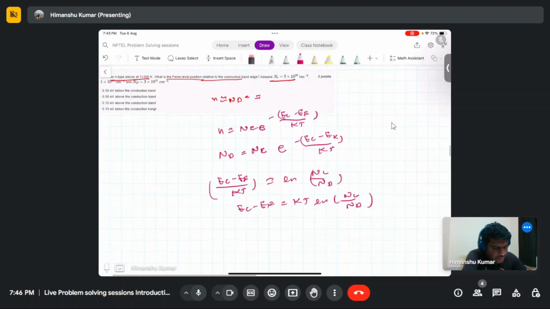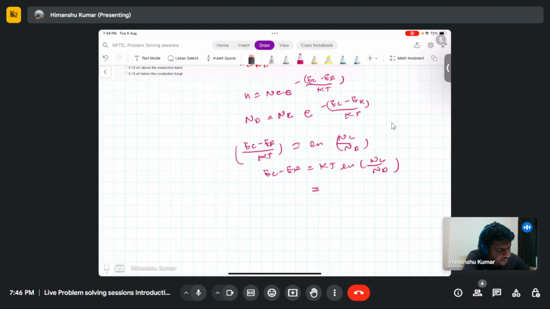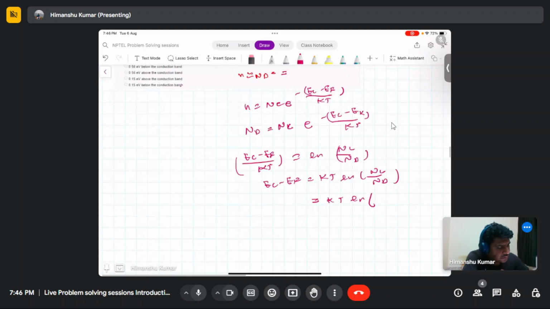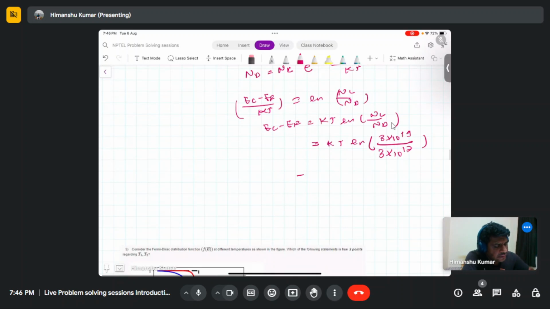So if you plug in all the values, Nc is given as 3 into 10 to the power 19, and Nd is given as 3 into 10 to the power 17. So now if you calculate, it will become kT ln 10 to the power 2.